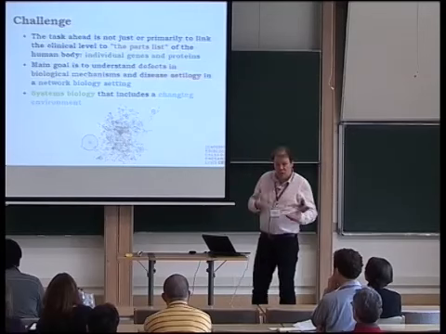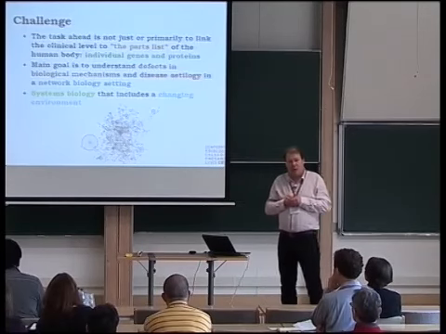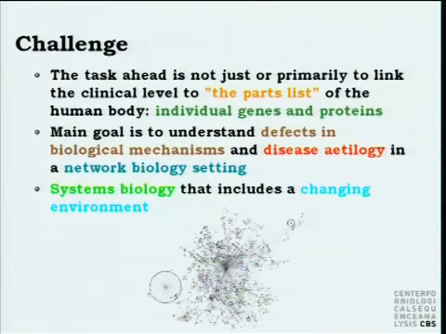Very often we also have to work with problems that include a changing environment. This is also something that interests us. A lot of systems biology is in some sense static. You would like to understand how this particular cell type works, but of course its properties change over time if, for example, the chemical environment changes.